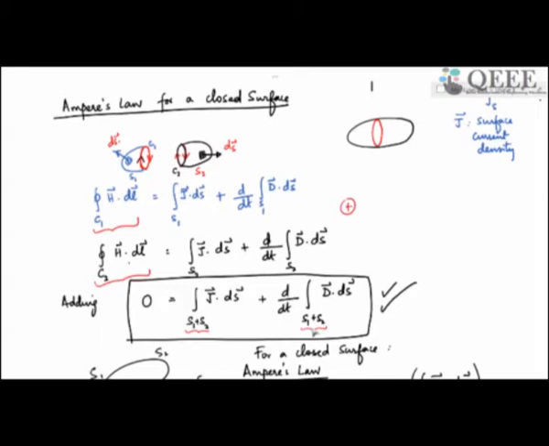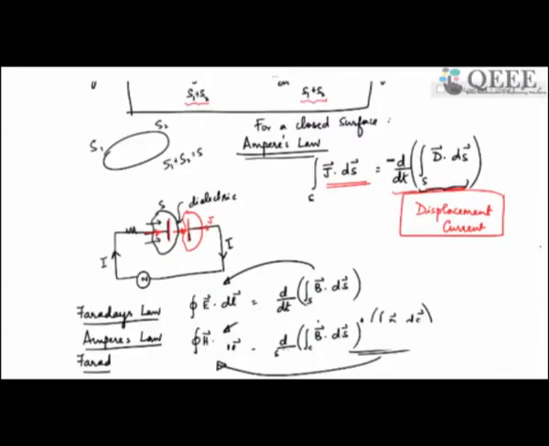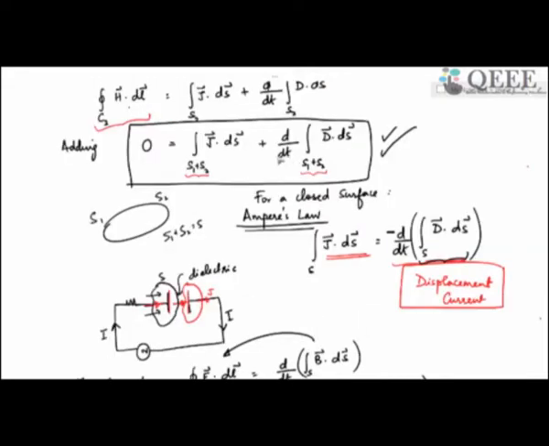And more than the Ampere's law, the application of this Ampere's law on a closed surface is more interesting, because there was another query on what is this displacement current. So I was actually building it up to the displacement current by explaining this. So I'll repeat the example of the capacitor.